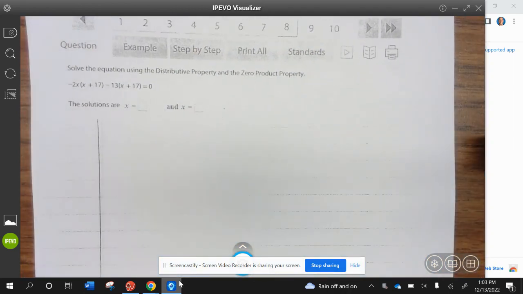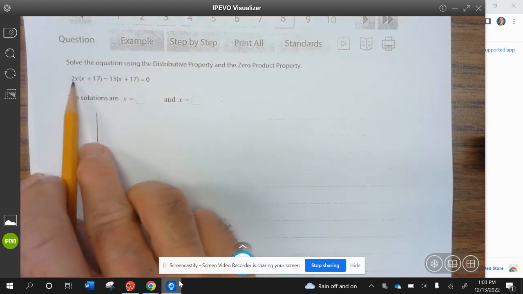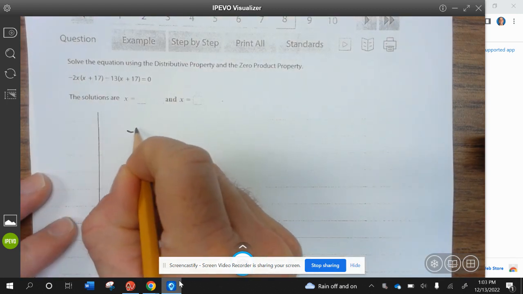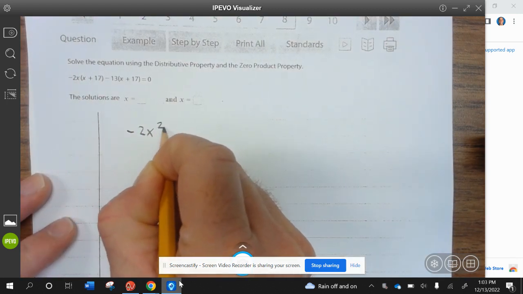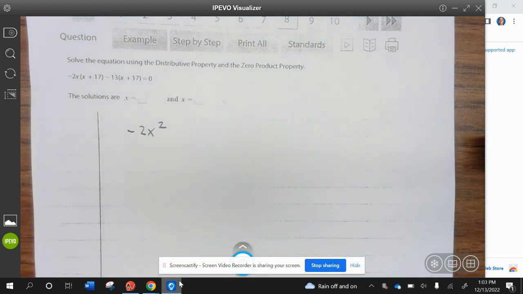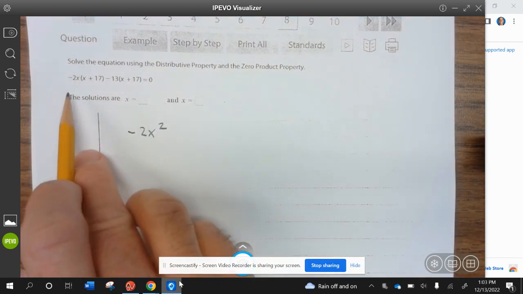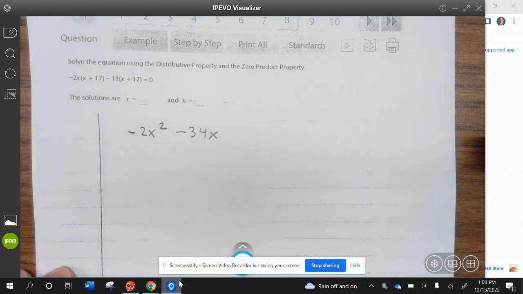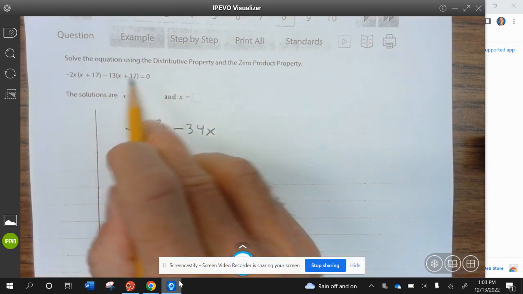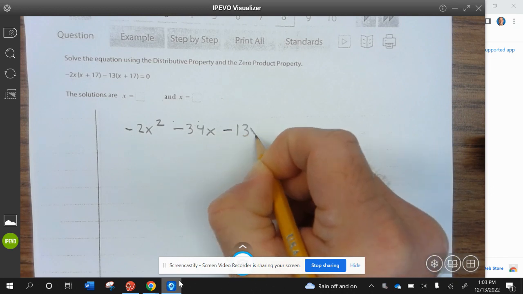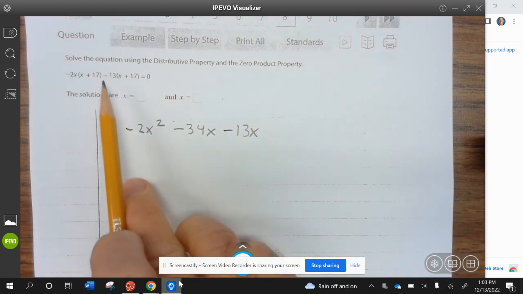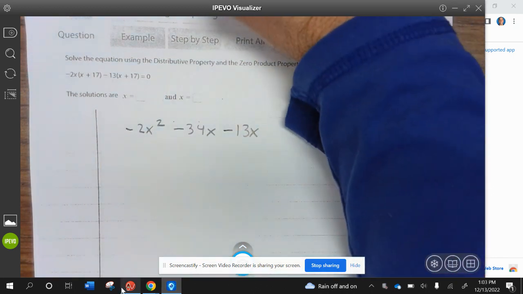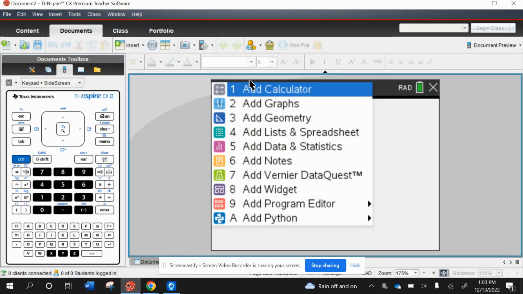All right, solve the equation using the distributive property and the zero product property. So we need to distribute here. Negative 2x times x is negative 2x squared. Negative 2x times 17 is minus 34x. Negative 13 times x is minus 13x. And then I'm not quite sure negative 13 times 17 off the top of my head, so we're going to use a calculator.